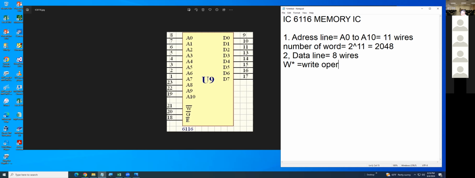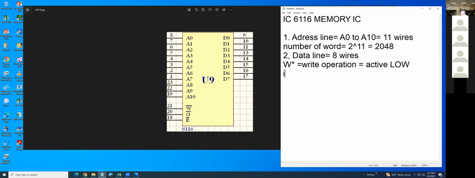Write operation. What's active? That means here it is 0, active low. You see the bar over it, right? Active low means low to run the write. And normally high will be reading. Write operation, active low.